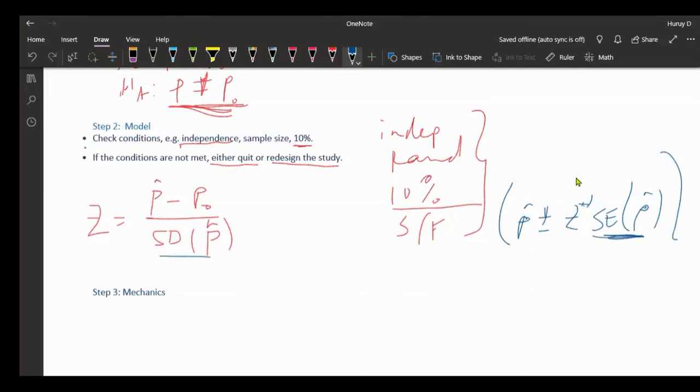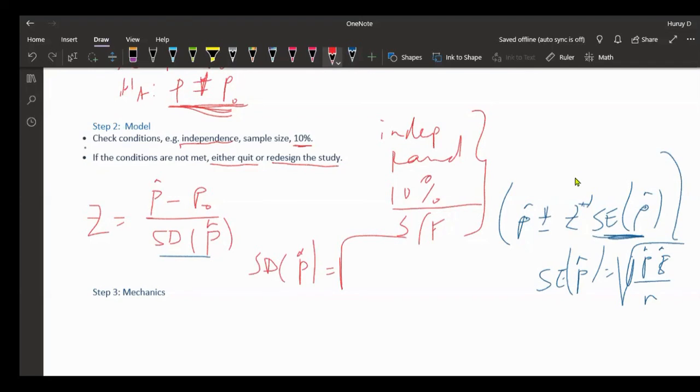Here I'm using standard deviation, but there we're using the standard error. The standard error of p hat, for the confidence interval, is given by the square root of p hat q hat over n. And here the standard deviation is given by the square root of p sub naught q sub naught over n.